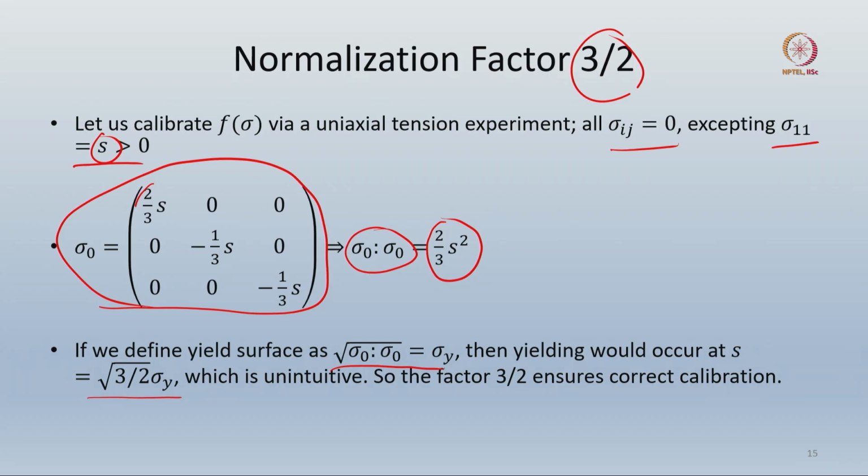That means in a one-dimensional experiment, even though we thought sigma_y would be the yield stress, yielding is actually occurring at square root of 3/2 times sigma_y. That is non-intuitive and hurts the modeling purpose itself. Therefore, this factor of 3/2 corrects that; it is for calibration.